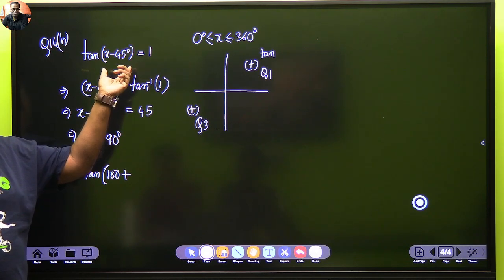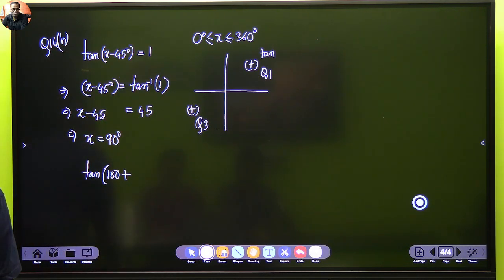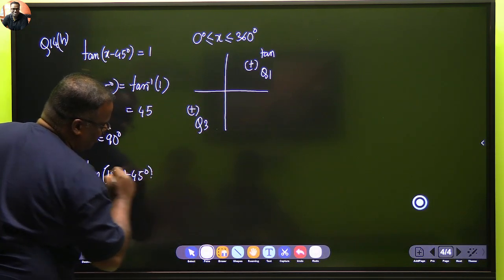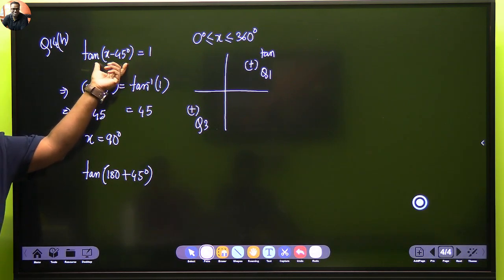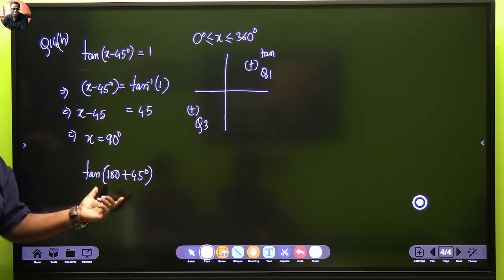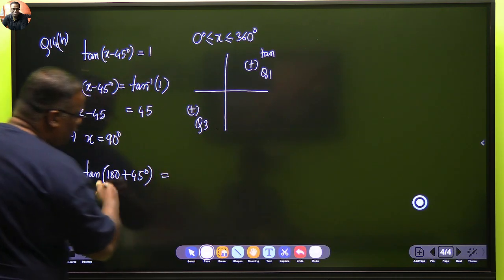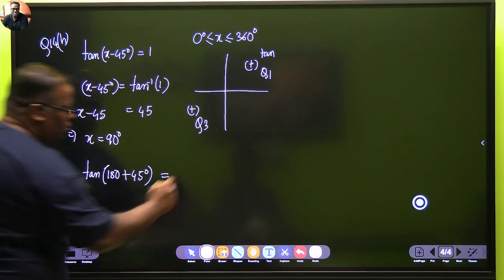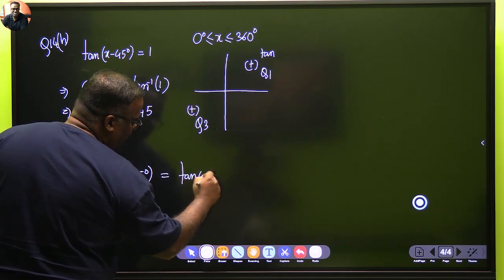Originally it was x minus 45, and our x minus 45 is equal to 45. So 180 plus 45 means you are on the sleeping line. Does your function transform? No. So it remains as tan, and the angle remains as 45 degrees.